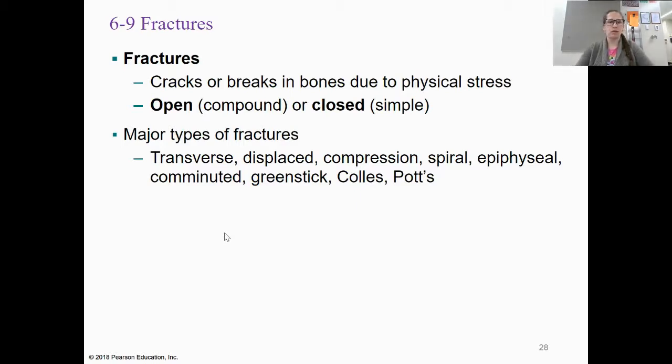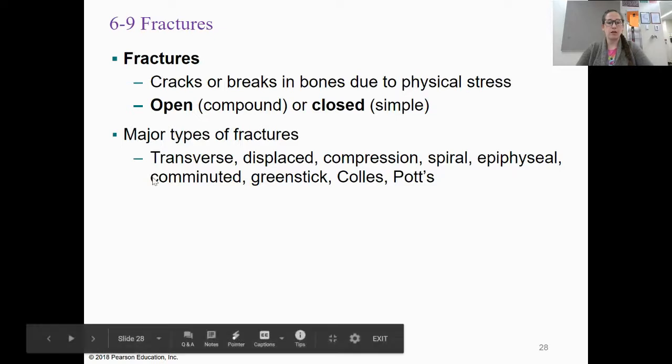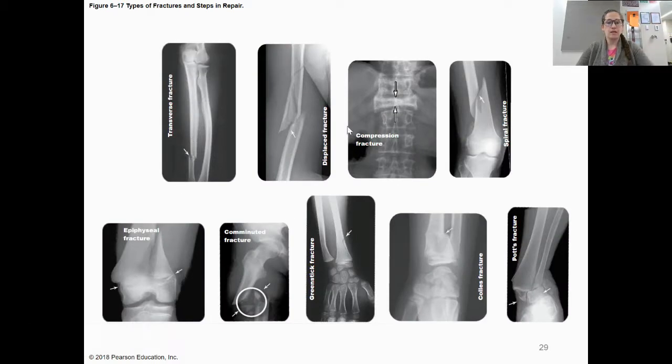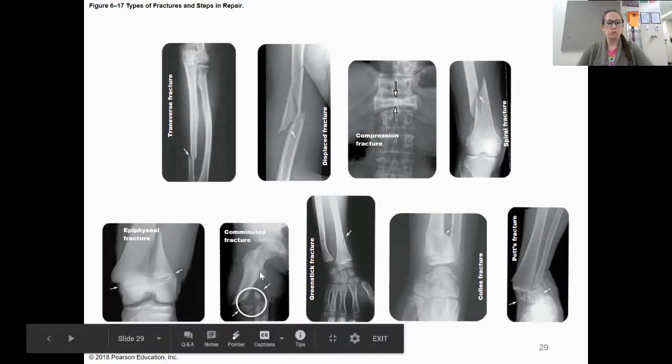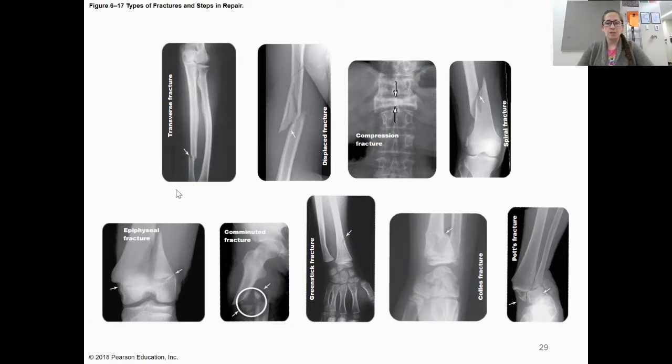Let's take a quick view. You can see that there are other terms we use. Some of these you may be familiar with because you may have had one of these fractures. Here is an overview of the various types of fractures that happen. I'm going to mention just one or two of these.